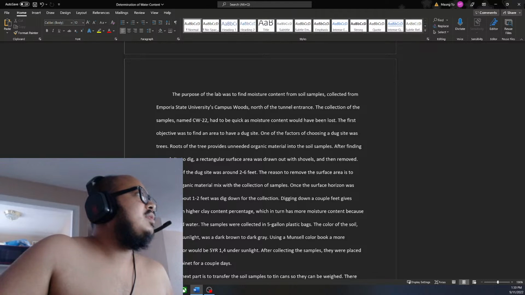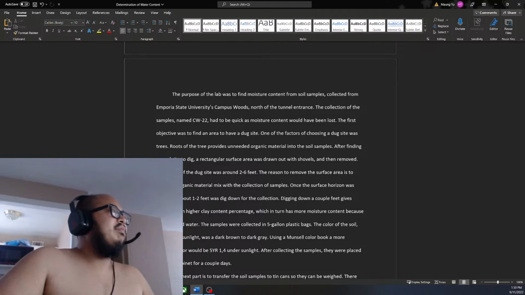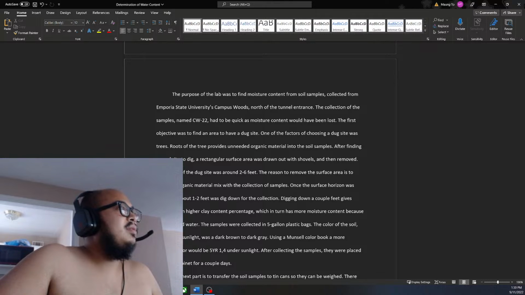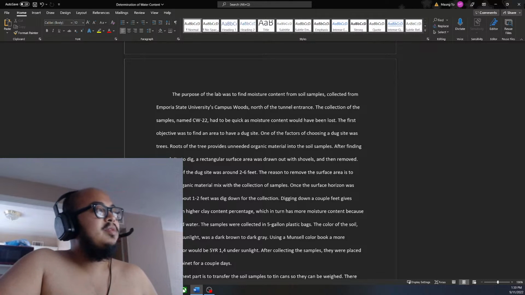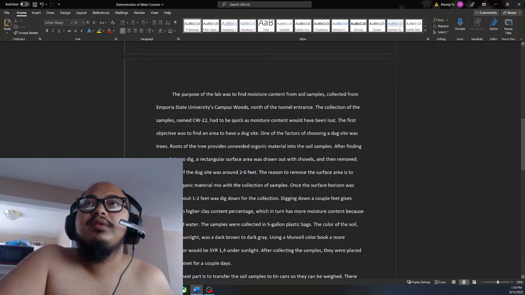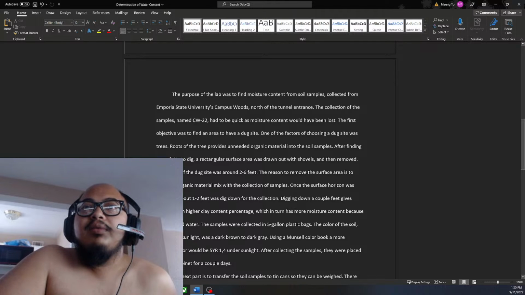Clay loam, silty clay, silt loam. Okay, alright. One of the factors of choosing a site, I have to find a good site. Where is it?